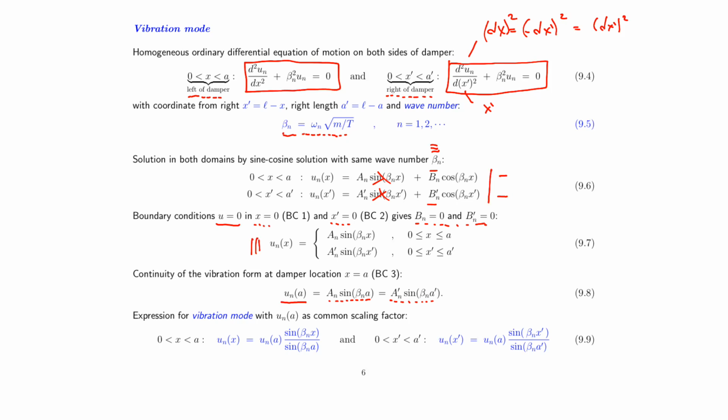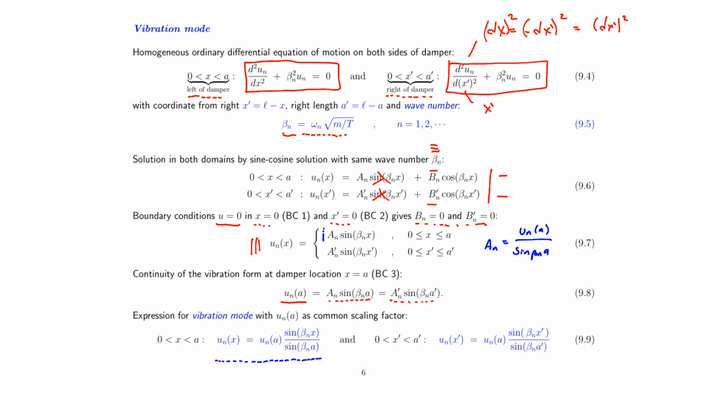And this replacement we can take directly from 9.8, because the first equality in 9.8 gives us that A_n is equal to u_n(a) divided by sine beta_n a. And if we substitute that into the expression containing A_n, then we get the expression shown here to the left in 9.9.